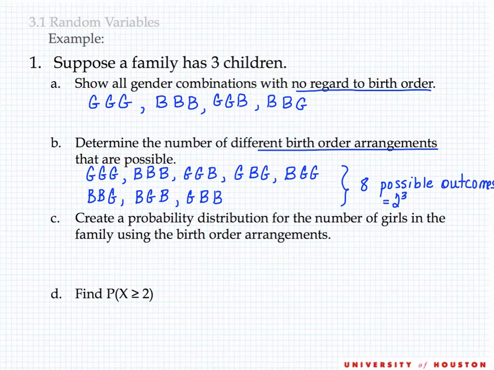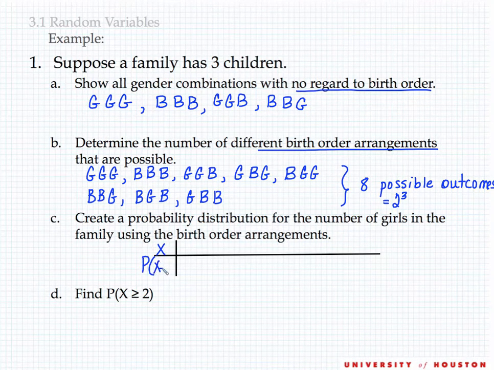Now, a probability distribution for this example would be drawn like so. We'll make a line. We indicate our random variable and then the probability that x is equal to that random variable value.